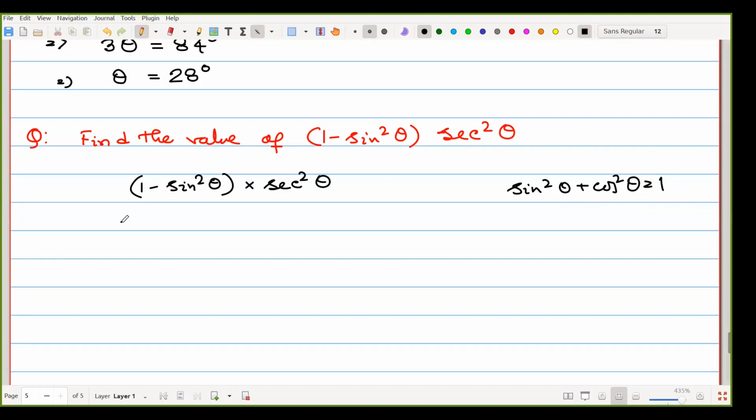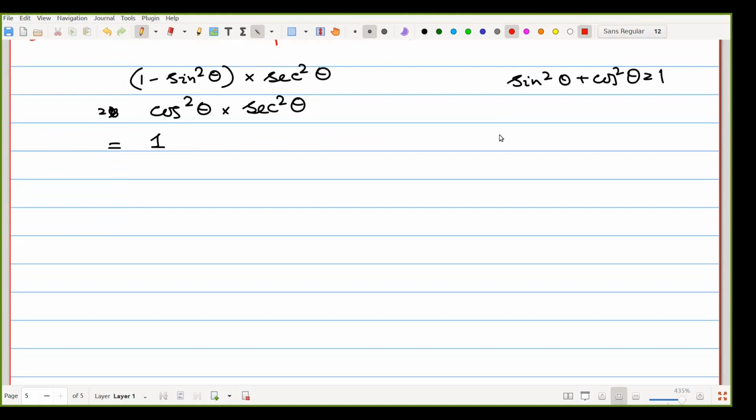So 1 minus sine square theta means cos square theta, into sec square theta. So cos square theta into sec square theta, obviously that is 1.